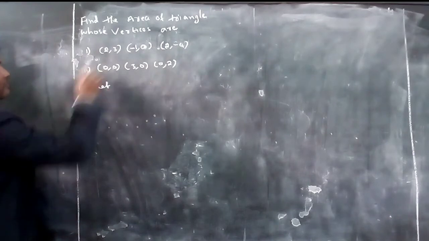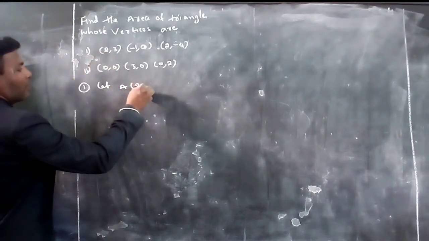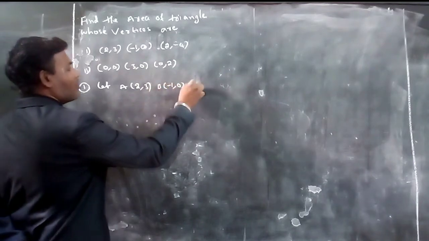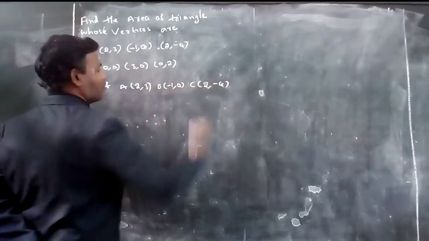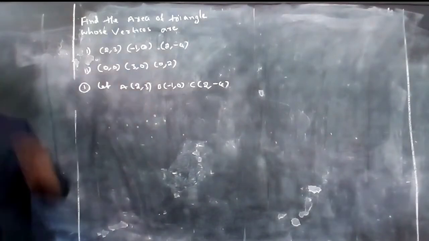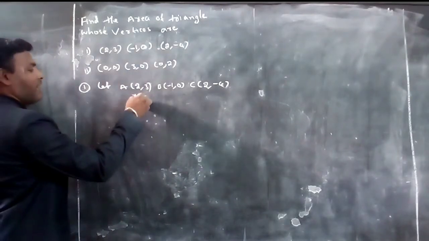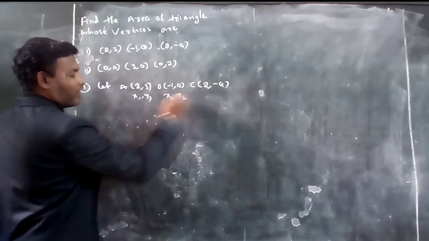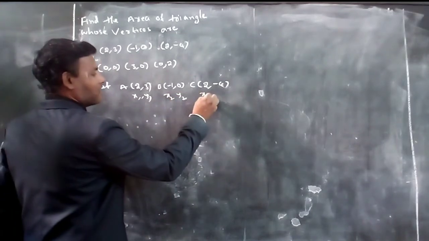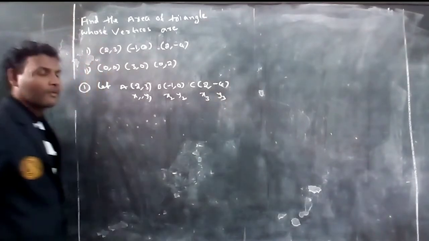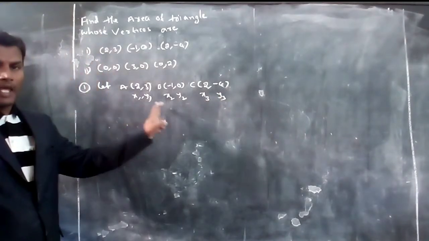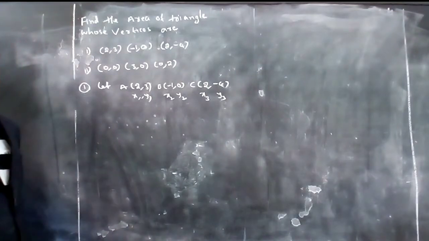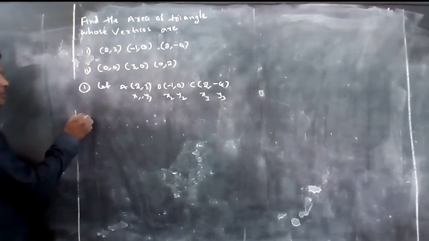Let A be (2, 3), B (minus 1, 0), C (2, minus 4). Now I have three vertices. Let the first one be x1, y1, second one x2, y2, third one x3, y3. Already we have the formula. What is the formula to find area of triangle ABC?